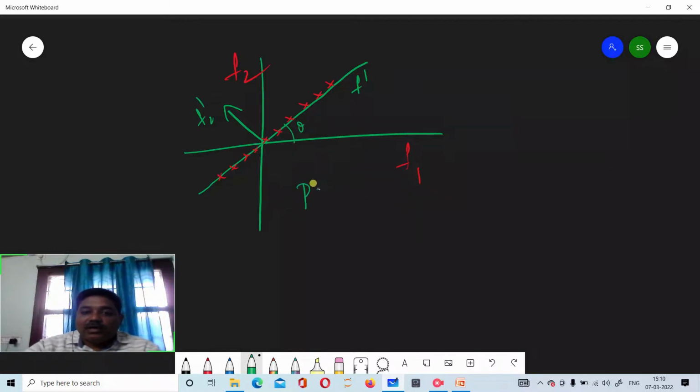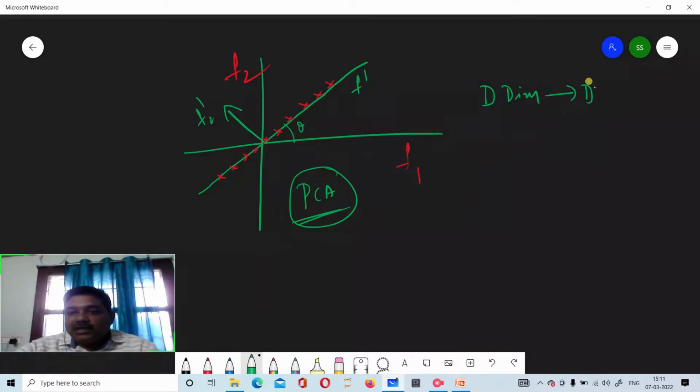For that purpose we are applying a model, the PCA model, using the projection idea. For example, d-dimensional data is converted to d-dash dimensional data. This is the ultimate goal. One example I discussed: 784 dimensions.